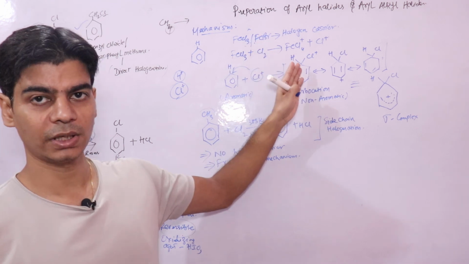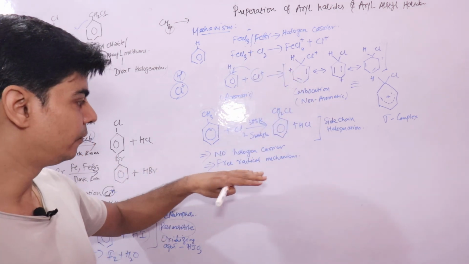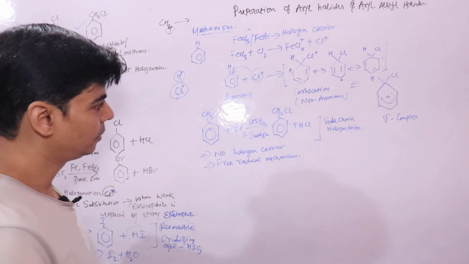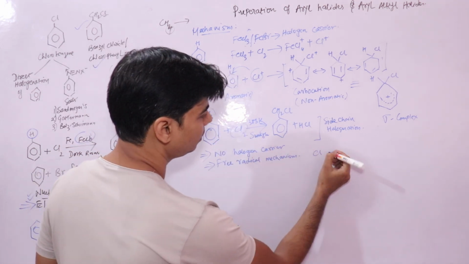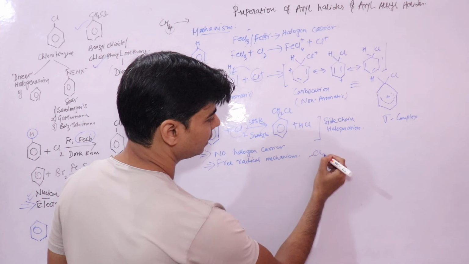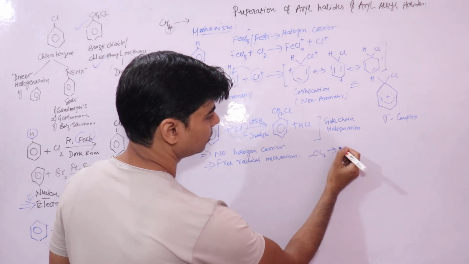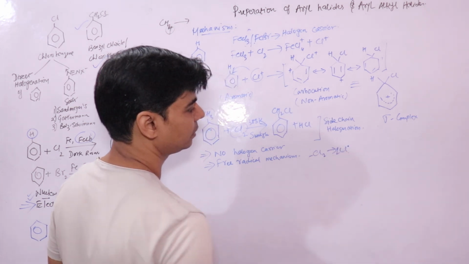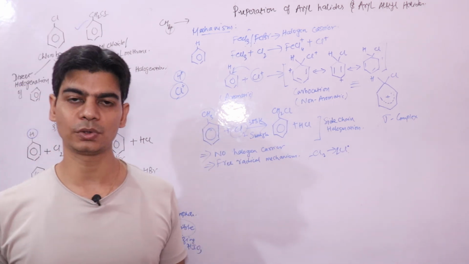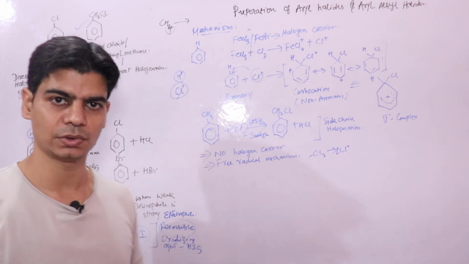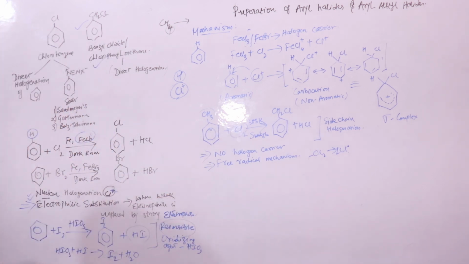Because this is an electrophilic substitution reaction. Now this is a free radical substitution reaction, where in the presence of sunlight, chlorine will form free radicals, and this free radical will then attack, and it will proceed via free radical substitution reactions, right? I hope this is clear.